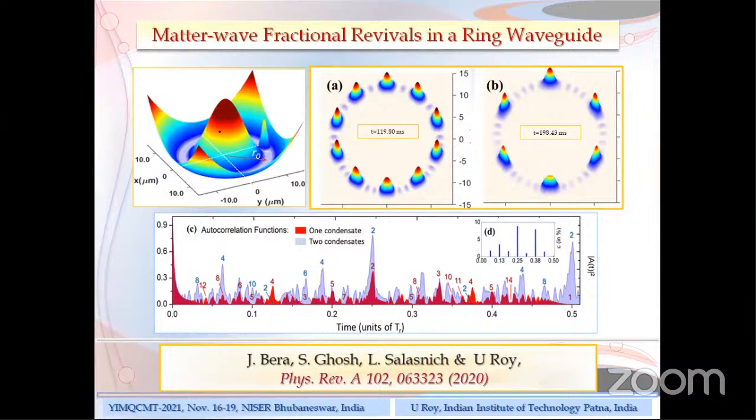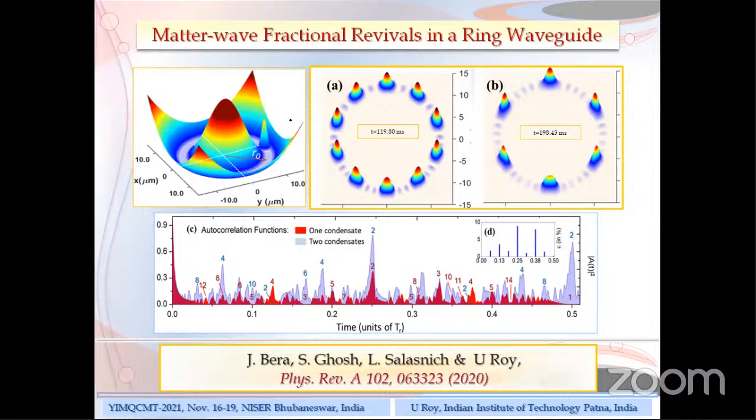This is the minimum of the potential, and you have a harmonic confinement, and over that you have a Gaussian peak in the middle. This is a very routine thing observed in experiment, and this is also a replica of some experimental plot, but this is our plot where the BEC is kept somewhere here initially, and then you allow the BEC to evolve. Now what will happen if you allow them to evolve?